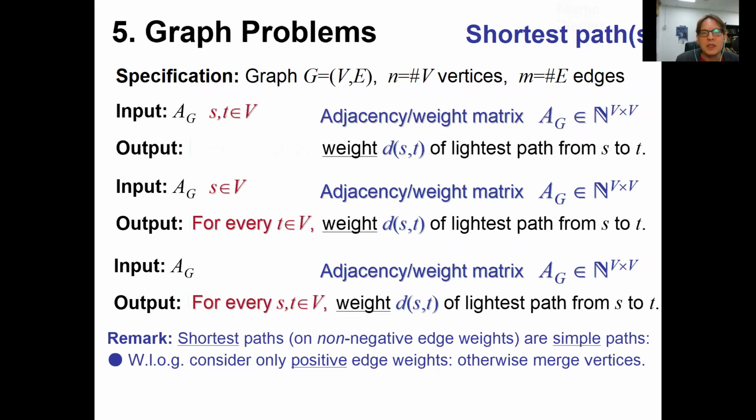So if we have two vertices that are joined by an edge of weight 0, then proceeding back and forth between these two vertices does not increase the cost at all. So that's the same thing as simply merging the two vertices into one vertex, which is easy to do algorithmically.